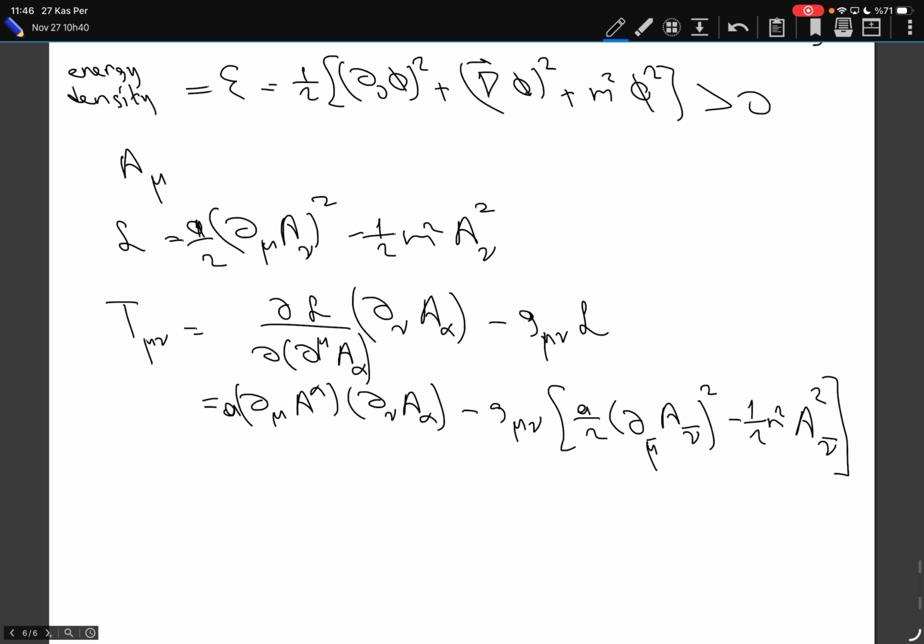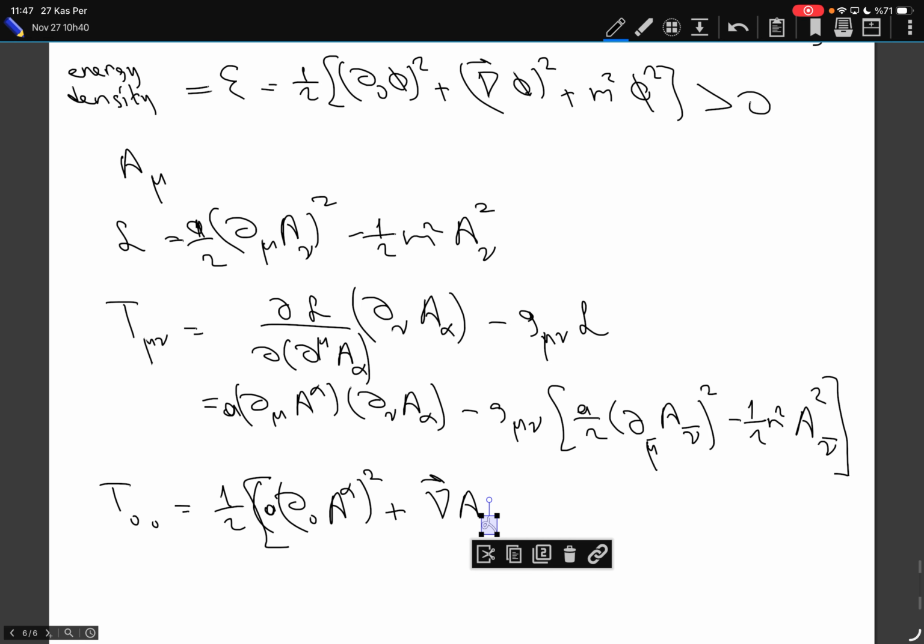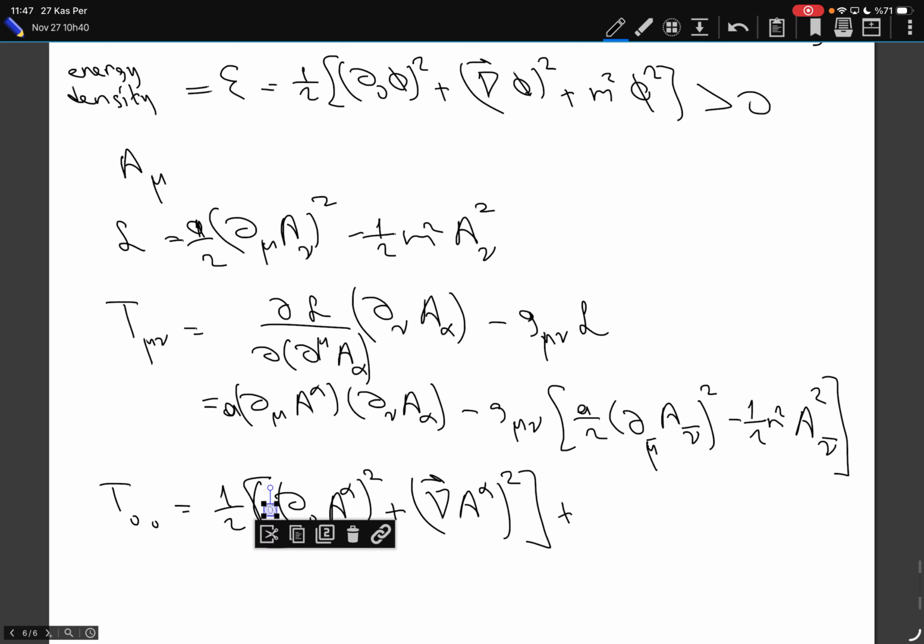Without the bar are my explicit indices. So now T00 would be basically 1 over 2 del 0 A alpha squared plus gradient of A alpha squared for each alpha, plus m squared A alpha squared over 2.